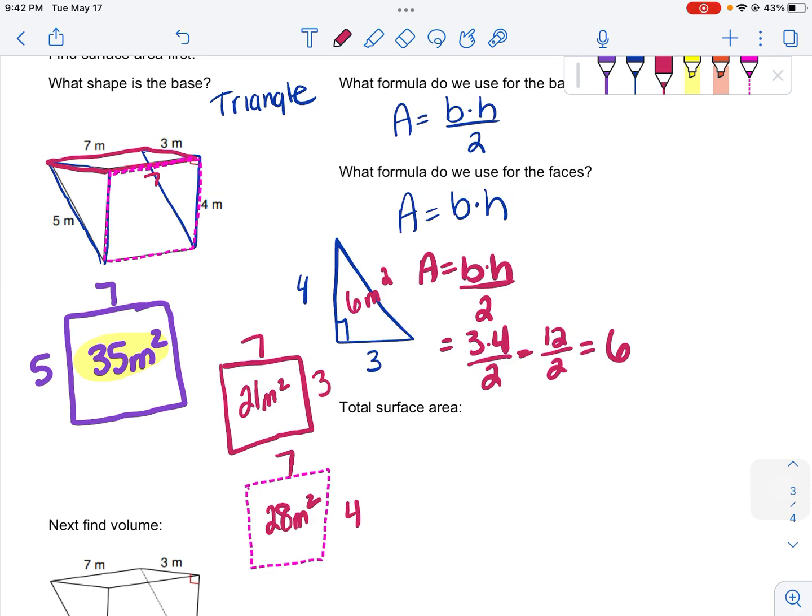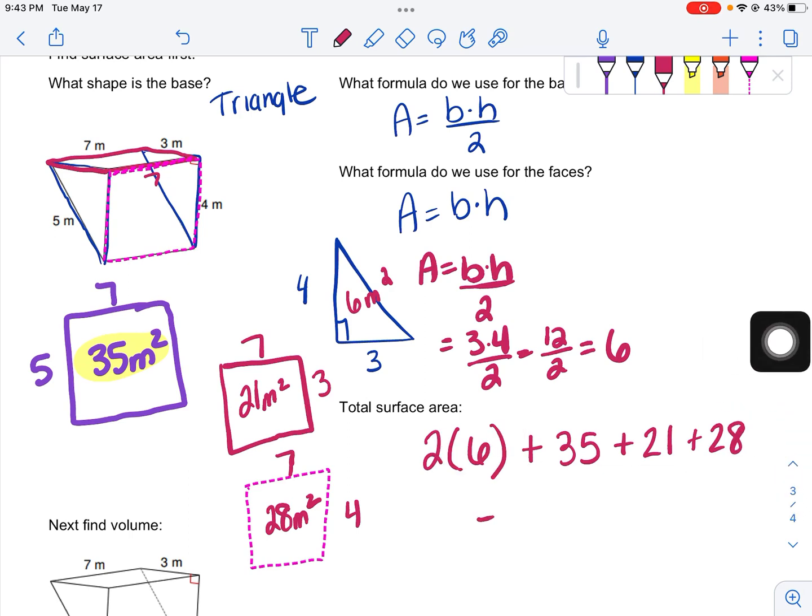So I have 2 triangles that are both 6 meters squared. So 2 triangles, plus I have 35 for my bottom rectangle. And then I had 21 for the area of my top rectangle, and I have 28 for the area of my front rectangle.